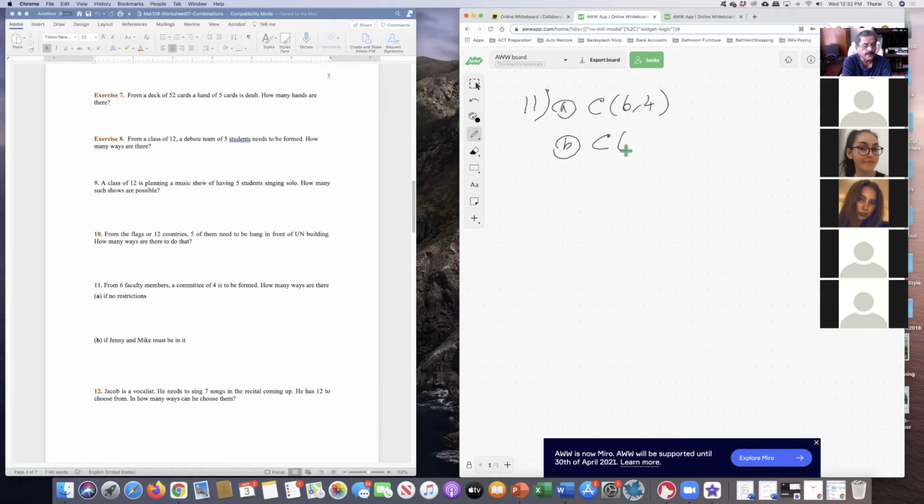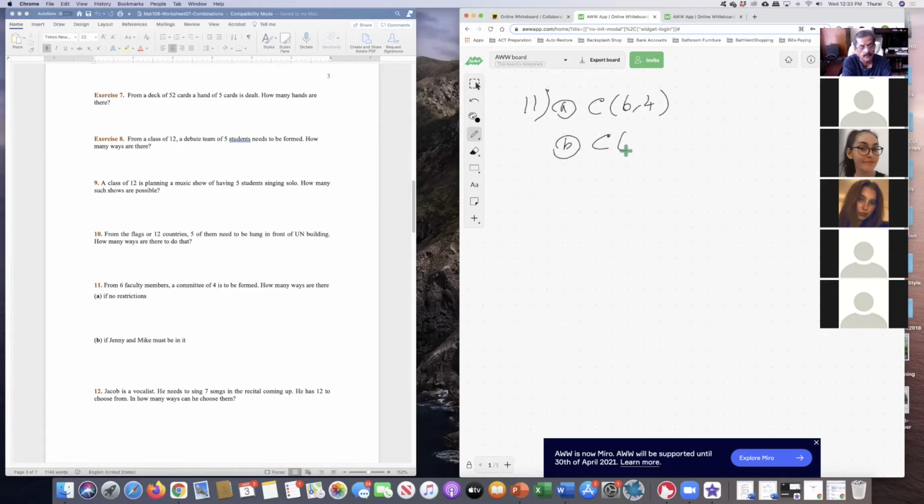We are only selecting 4 people. And in this second part, is it 4, 2? Yes, 4, 2 is correct. Very good. Because even though there are 6 faculty members, Jenny and Mike are part of the 6. Now you're placing those 2 in the committee. So after you place them in the committee, there are only 4 faculty members left.